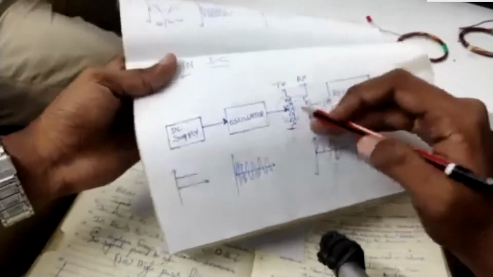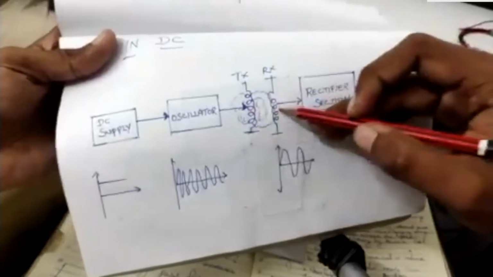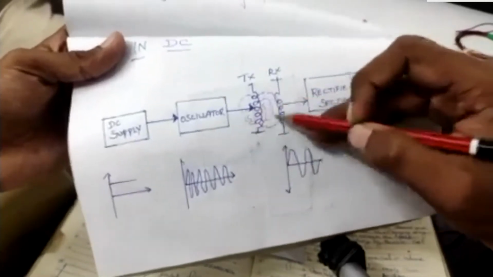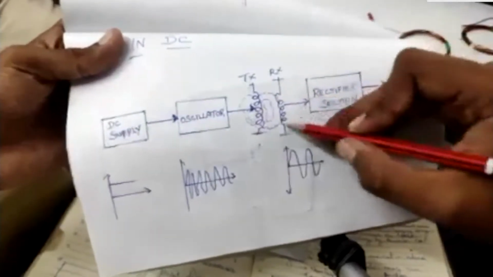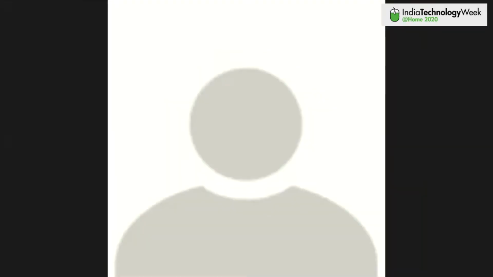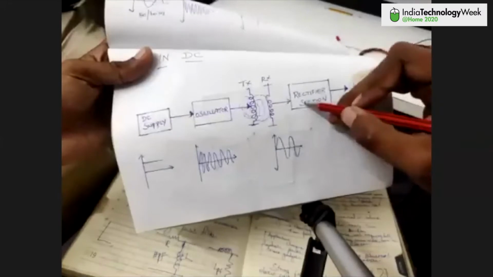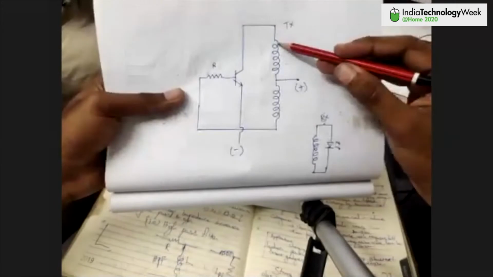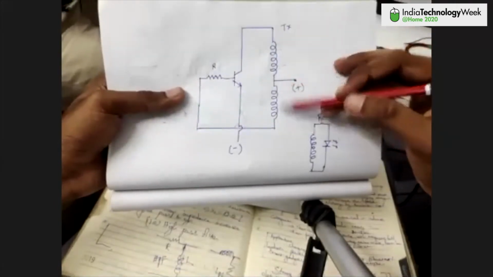The time varying signal is mutually induced in the receiver section, the rectifier section converts it to a DC waveform, and the DC load is connected at the receiver end.